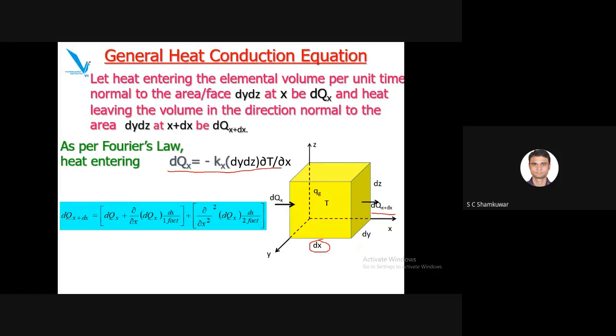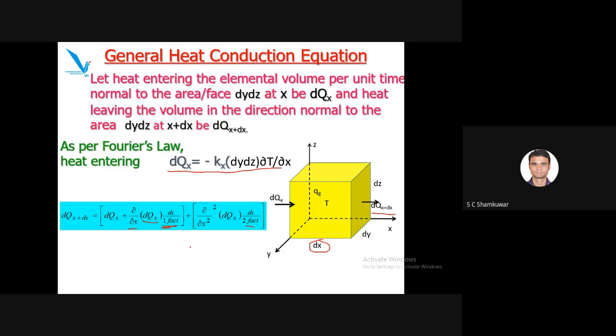So dqx plus dx equals dqx plus the partial derivative of dqx with respect to x into dx divided by 1 factorial, plus the double partial derivative del square by del x square into dx squared divided by 2 factorial. This is the Taylor series.